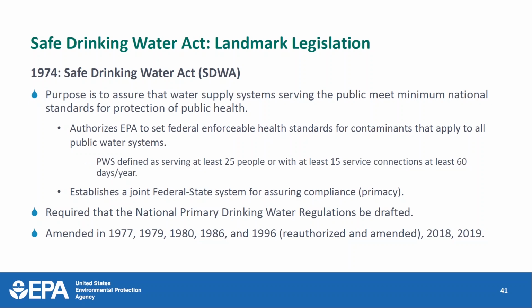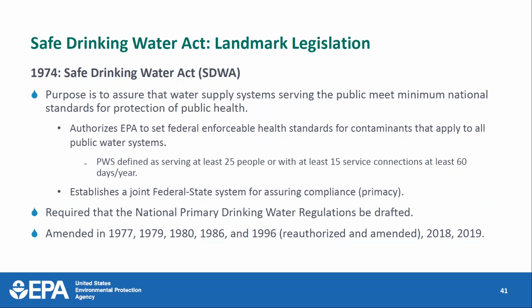There is one landmark legislation in terms of drinking water that's called the Safe Drinking Water Act, and it was enacted in 1974. The purpose is to protect drinking water supplies throughout the nation. This act authorized EPA to set federally enforceable health standards for contaminants in drinking water and public water systems.